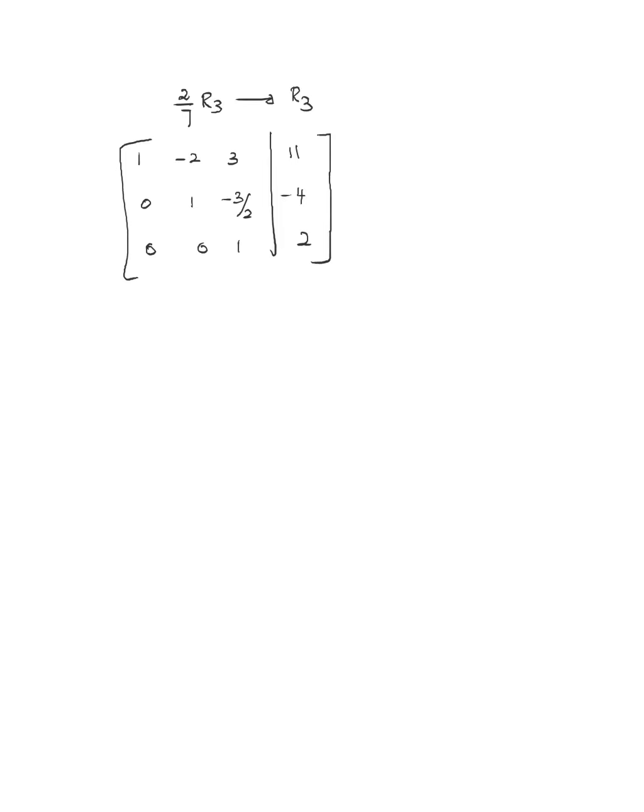We can stop here, or you can go further. Now we can make this one 0 by multiplying row 3 by 3/2 plus R2 goes to R2. So we get 0, 1, 0, -1, and 0, 0, 1, and 2.